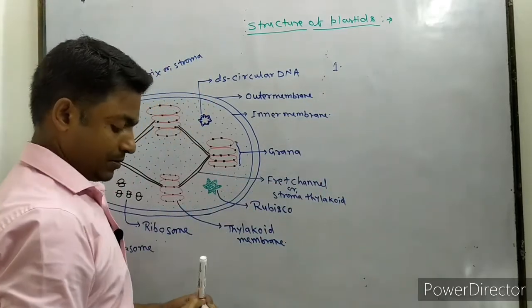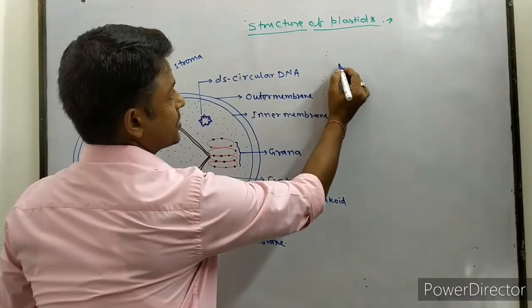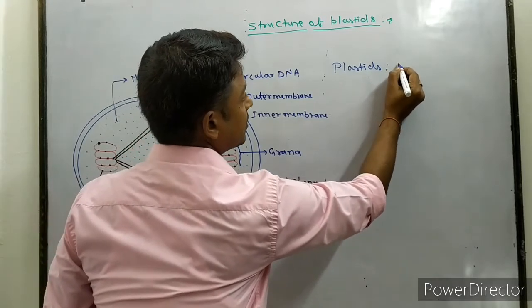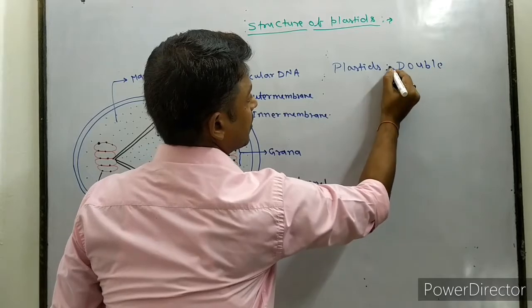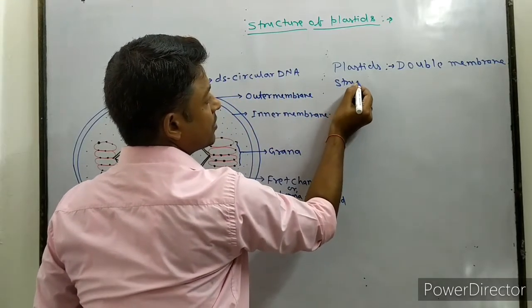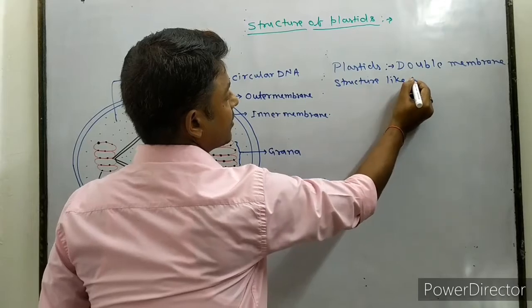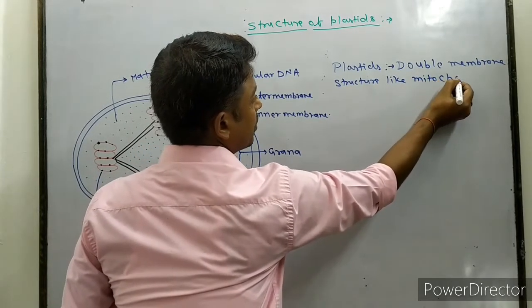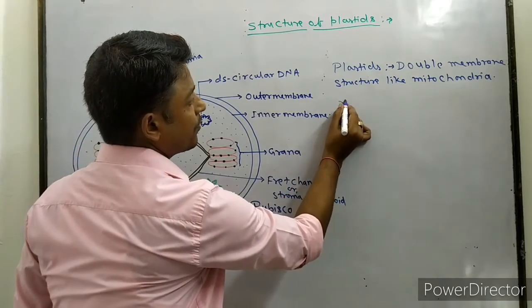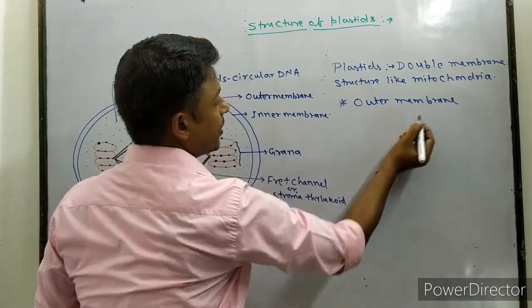First of all, plastids have a double membrane structure, double membranous structure like mitochondria. Here, the outer membrane.